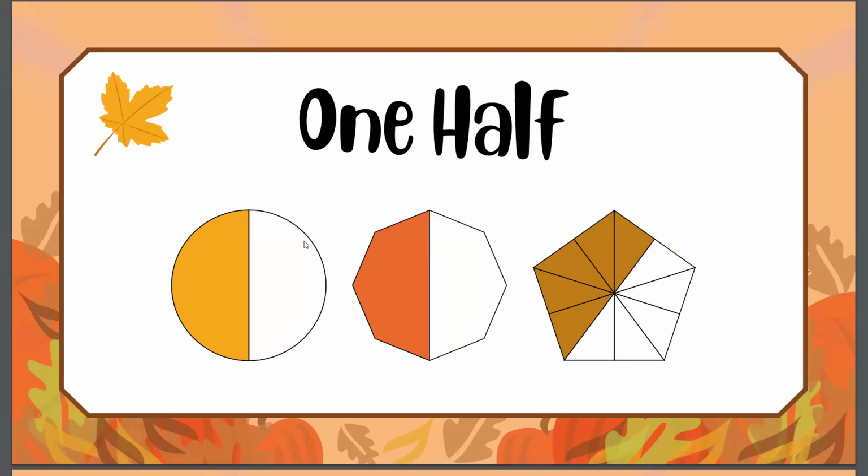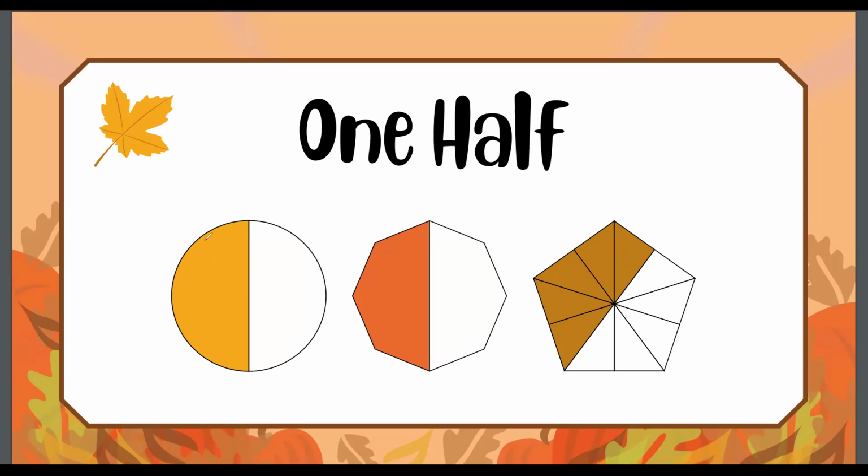Now let's understand the next part, that is one half. In the example of chocolate, if the chocolate is complete and you ate this part and this part is given to your sister, that means you only ate half the chocolate. One half. This part is also showing one half, and this is also showing one half. How?